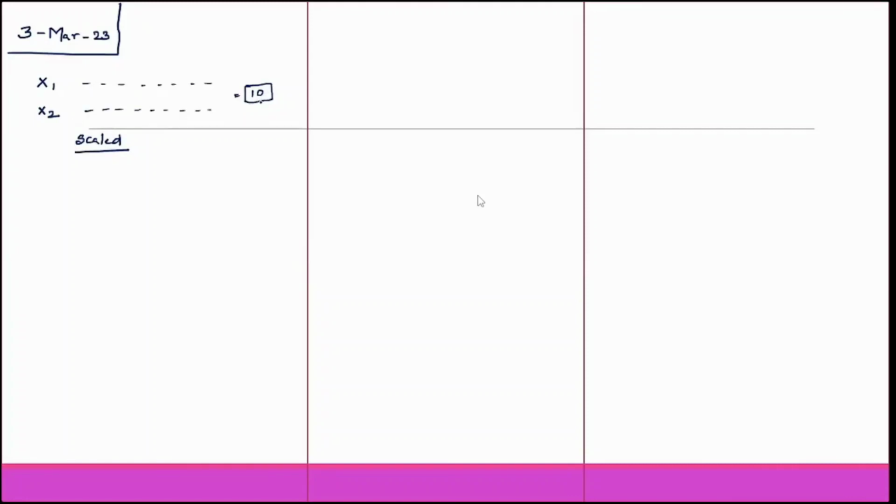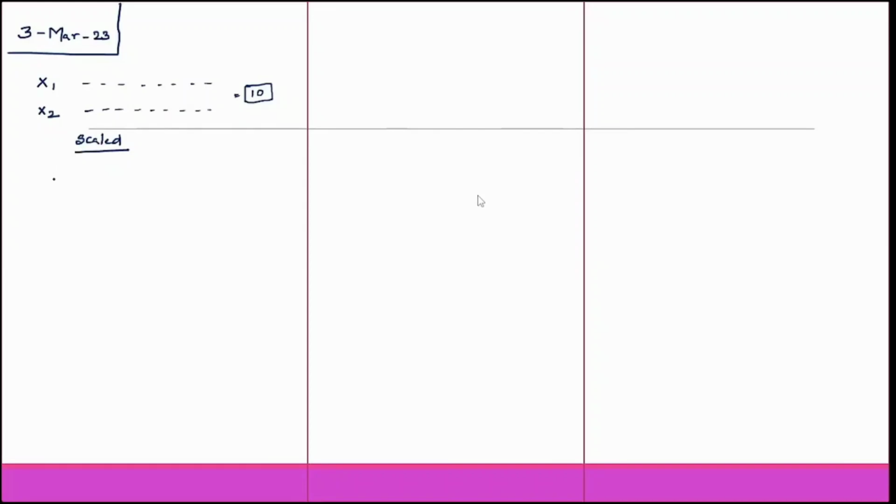Because it all depends on the number of variables, the number of features, and the distance method that has been used. For example, whether it's a Euclidean distance or a Manhattan distance, etc. So it is a relative value.